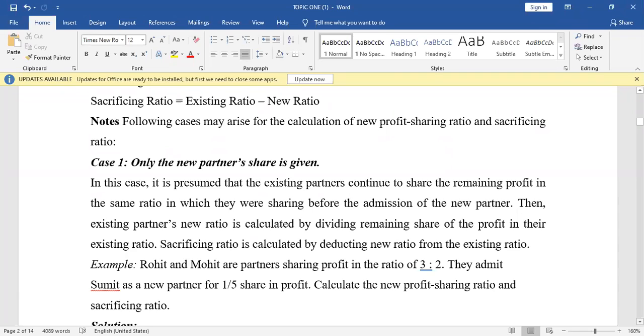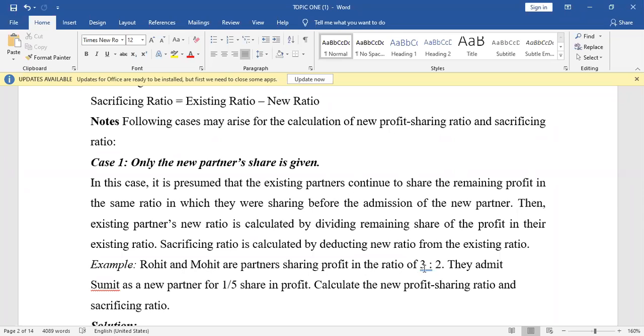Now I want us to look at example 2, which is below there. Only the new partner's share is given in that case. Rohit and Mohit are partners sharing profit in the ratio 3:2. So R and M's profit sharing ratio is 3:2, which means R is 3/5 and M is 2/5.